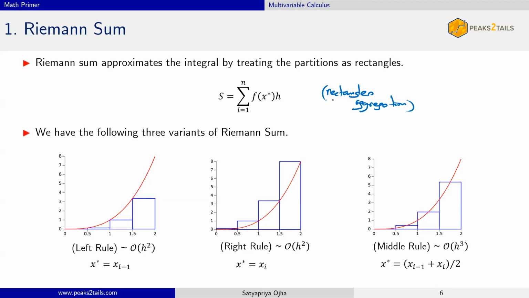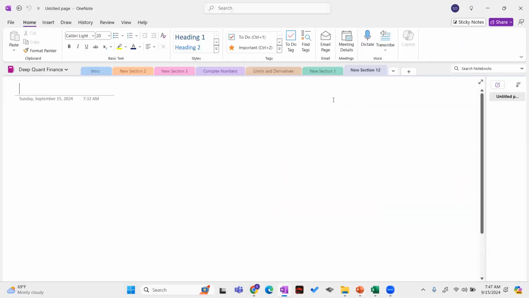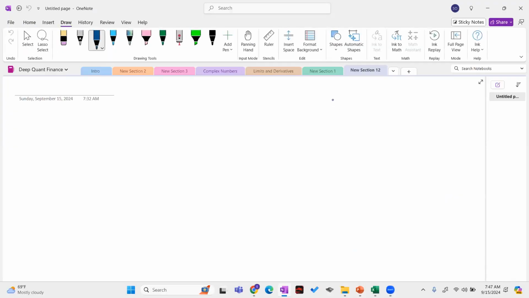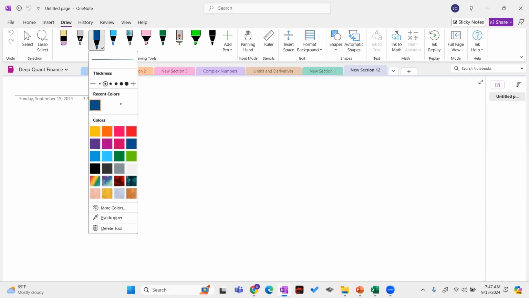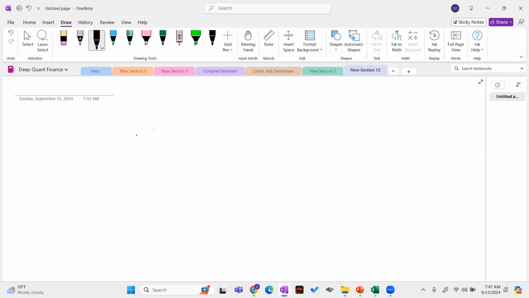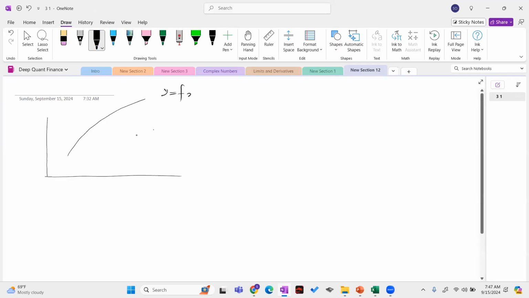Let me draw this picture here so that we can develop the idea. So we have y equal to f of x. This point is our first point A, which is nothing but x0.